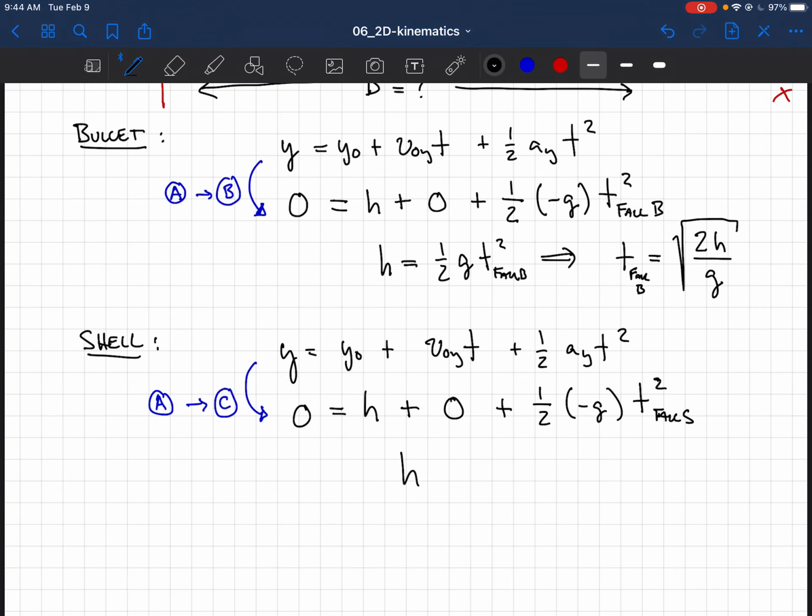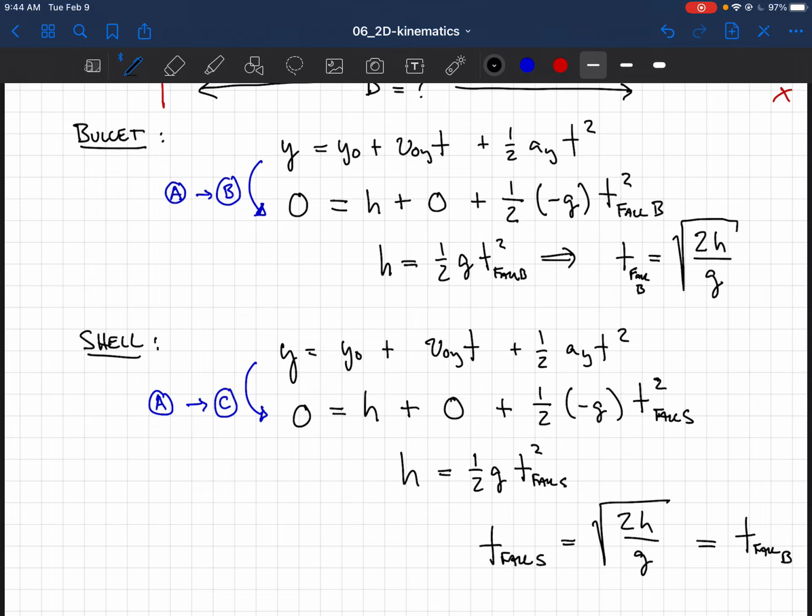So this equation becomes h is equal to 1/2 g t fall shell squared, or t fall shell is equal to the square root of 2h over g. Well, look at that. It's exactly the same as for the bullet.